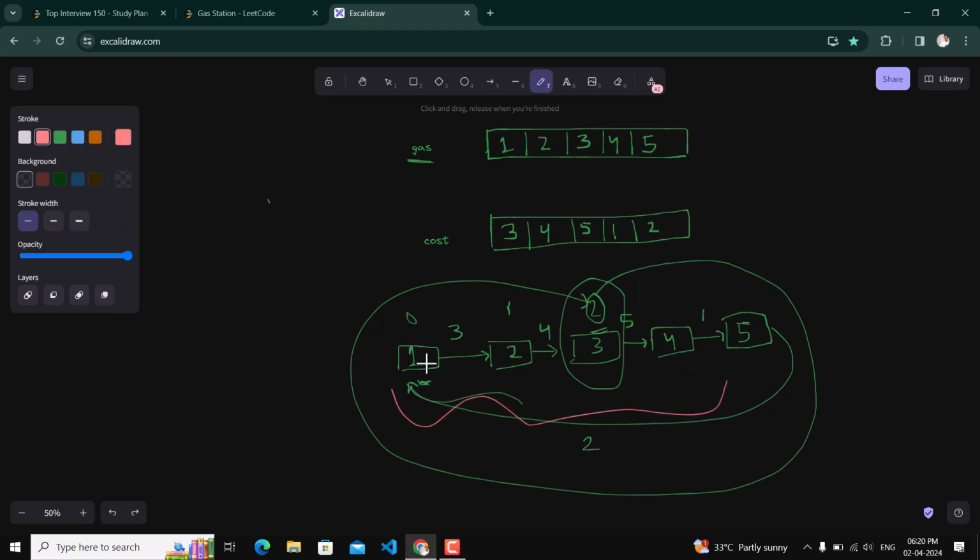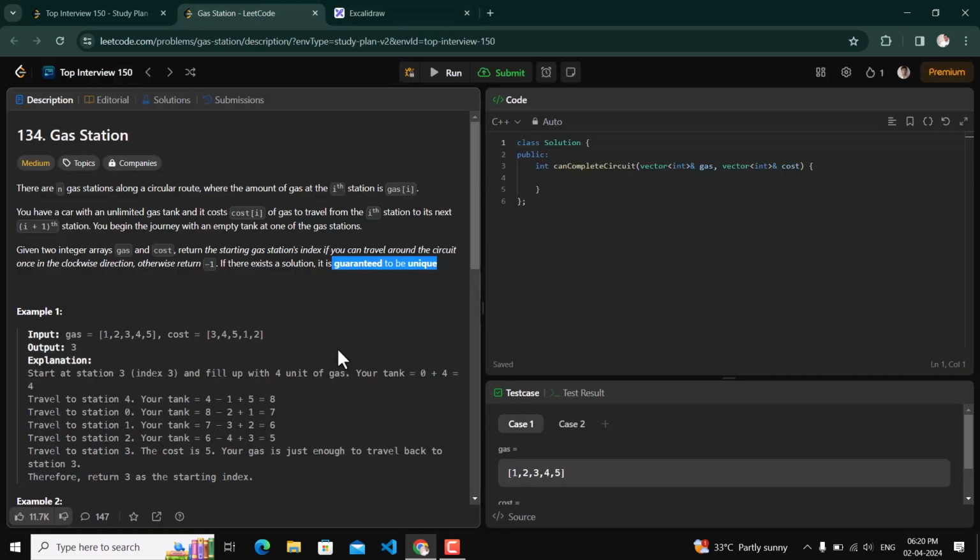It can be any, 0, 1, 2, 3, or 4, but there will be only one point from where you can traverse all the gas stations and come back to the initial position. That point will exist only once.